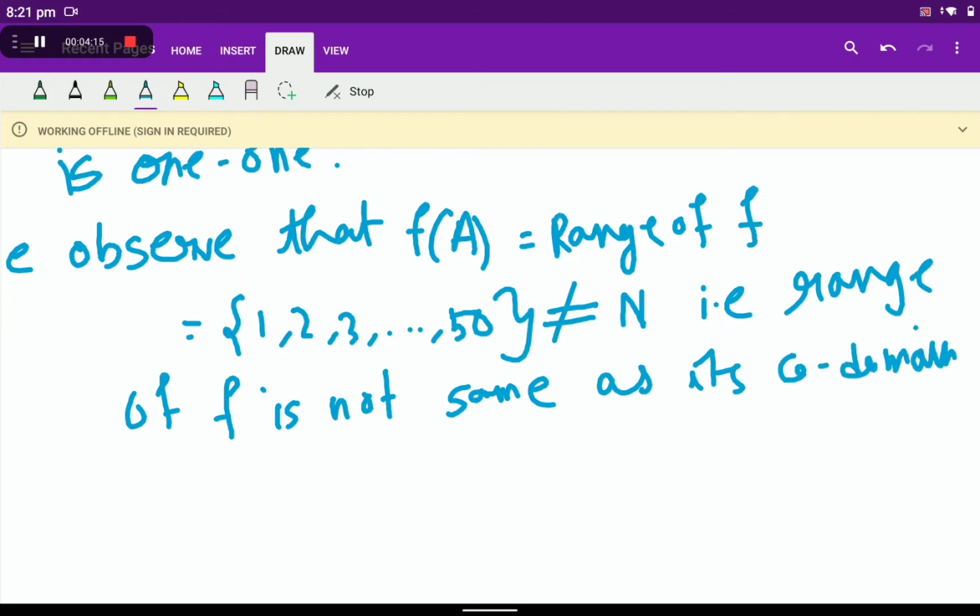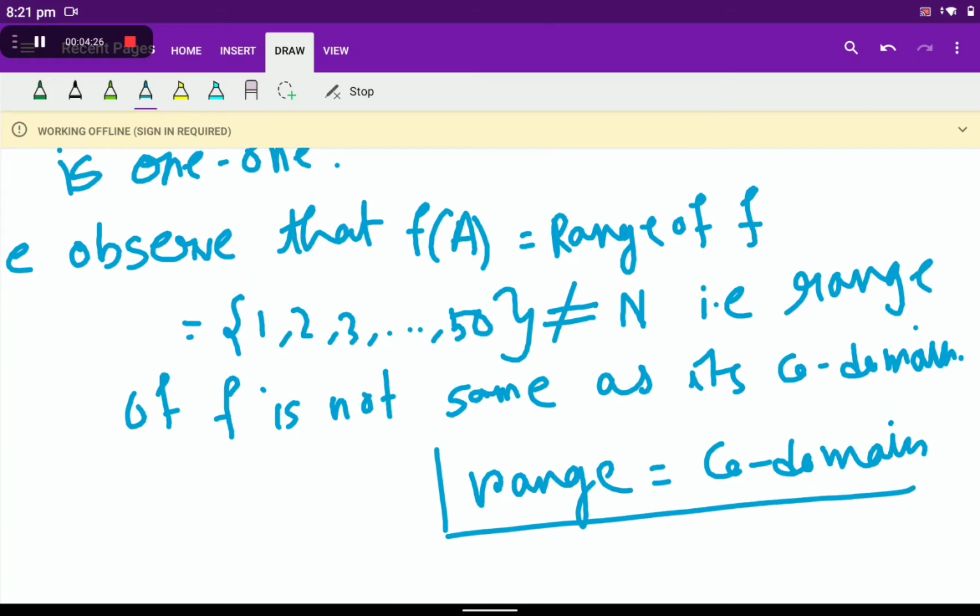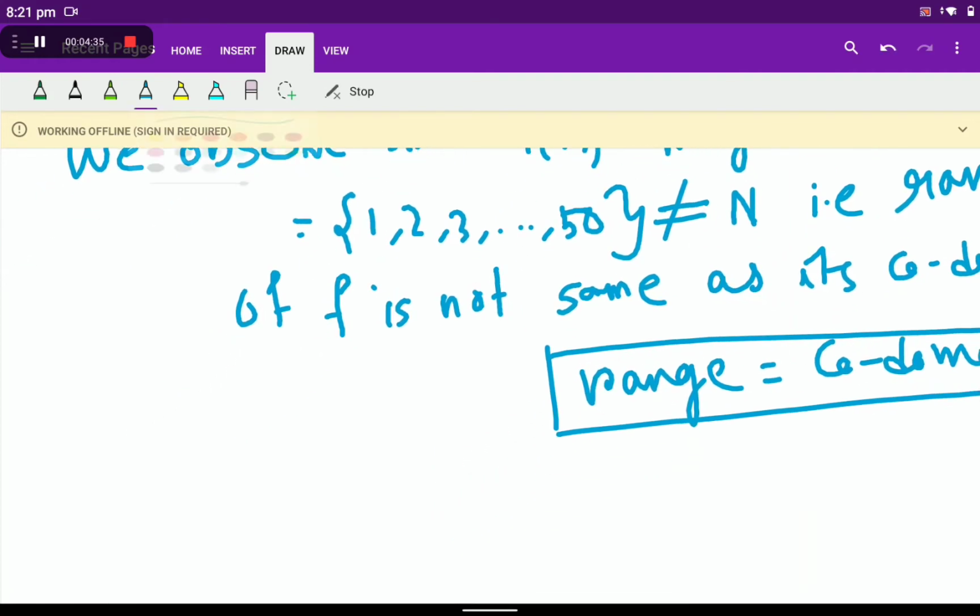From the definition of onto function, we know that if range equals codomain, then the function is onto. But here the range of f is not the same as its codomain, so we conclude that f is not onto. This completes our proof that f is one one but not onto.